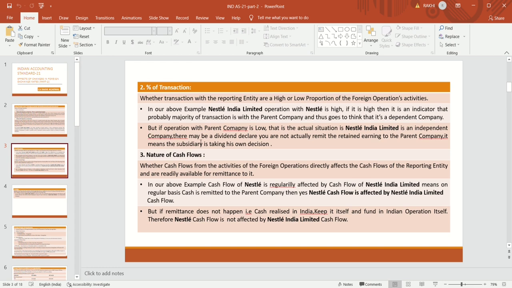And the third factor of foreign operation is nature of cash flow. Whether cash flow from the activities of foreign operations directly affects the cash flows of the reporting entity and is readily available for remittance to it.